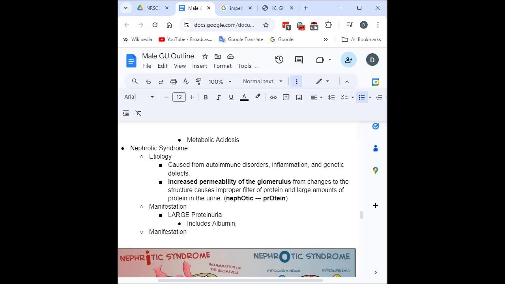I think one of these you guys should know, actually: other types of proteins that you lose in your urine. And then maybe when we get to management, you'll see the connection.